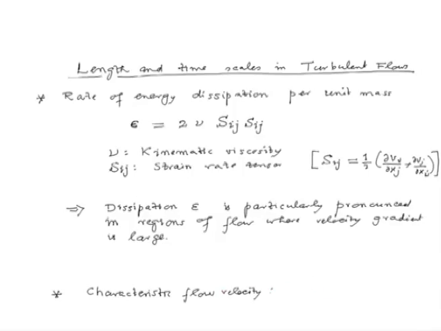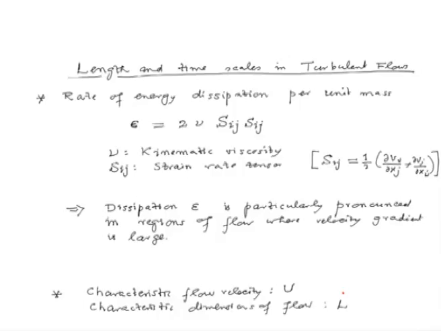Let us denote it by the symbol capital U. Similarly, we can also talk about the dimensions, or what we call characteristic dimensions of the flow region. Let us denote it by symbol L.